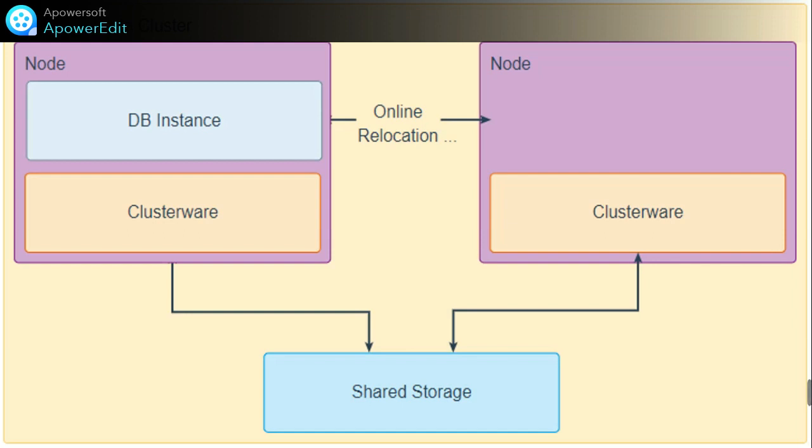The name will be changed, like DB1 here in node 1. If you are going to relocate it for any maintenance activity, it will be relocated to another node, meaning that the DB instance will change itself, like DB2. Okay.